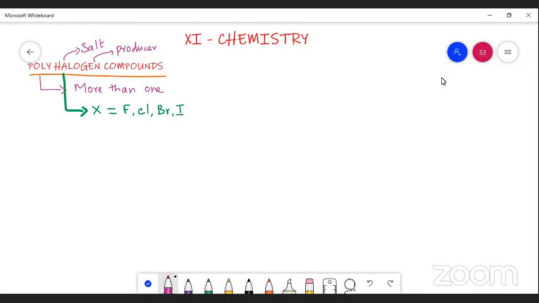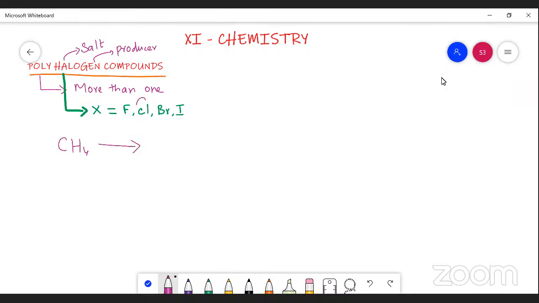And we are taking the first hydrocarbon. What is the first hydrocarbon? That is methane, correct? It is CH4. The first member of the alkanes is methane. And methane undergoes halogenation.